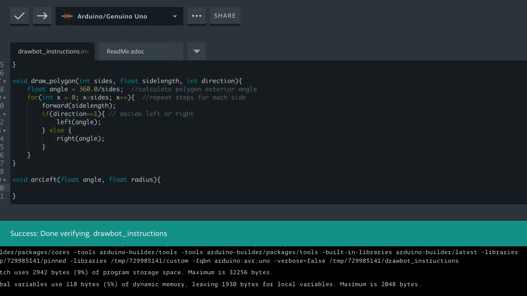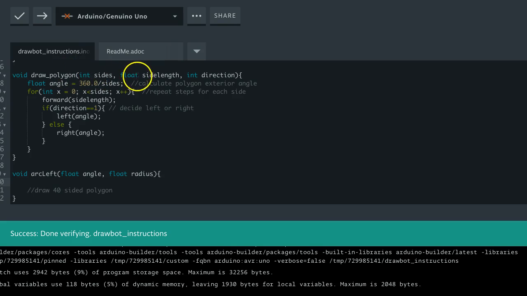Okay, and so before we get started, we have to think through this process. Okay, so we want to draw a 40-sided polygon. But in order to use our draw polygon function, we have to input the number of sides and the side length.